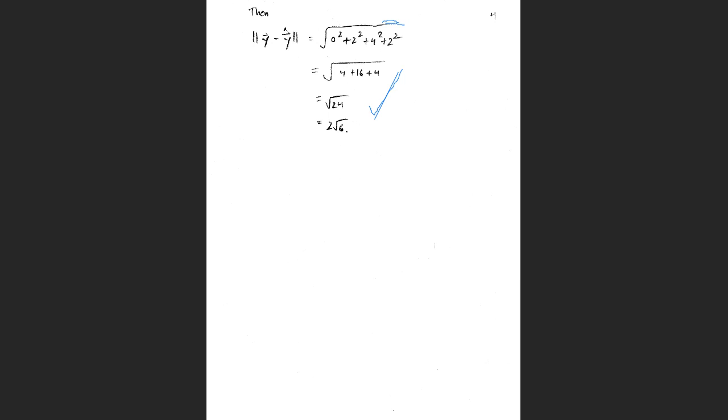These stand for the norm of a vector. When you have the double bars, you're finding the length of the vector, the norm of the vector. The vector is y minus y hat. That's one vector, right? So you're finding the length or norm of that vector.